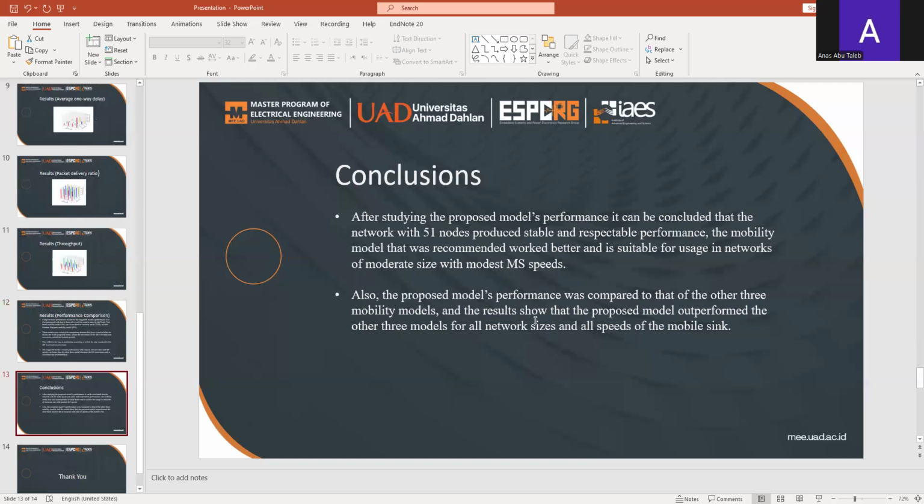Finally, we conclude by saying that the network with 51 nodes produced the most stable and respectable performance, and the mobility model was recommended to be better and suitable for usage under moderate size and modest speed also.